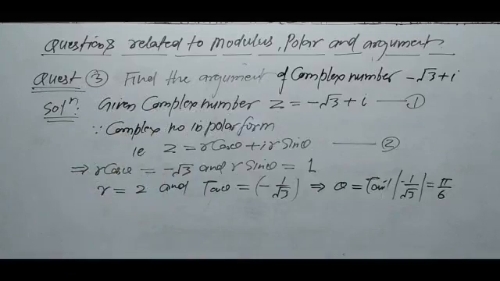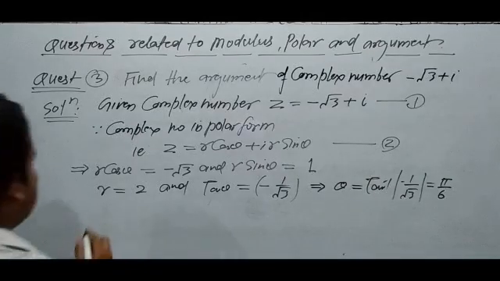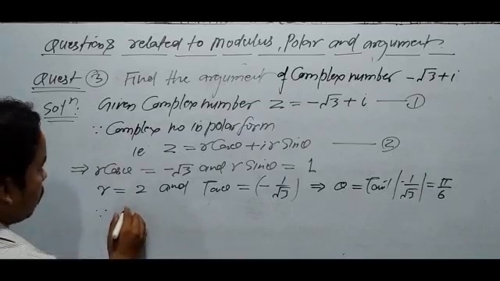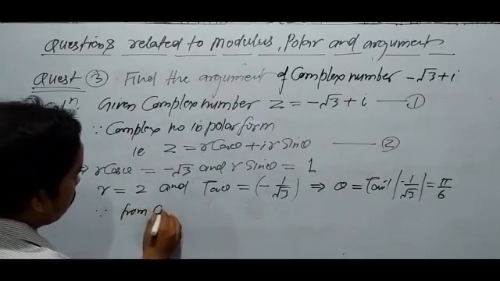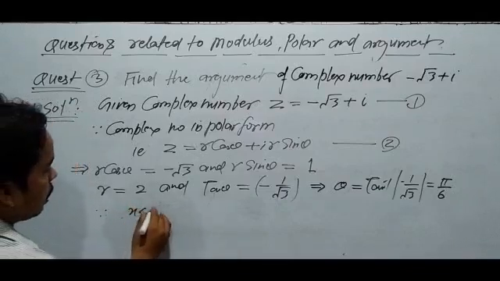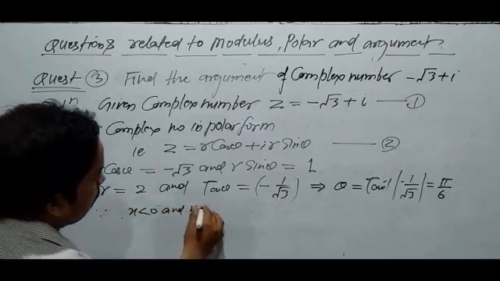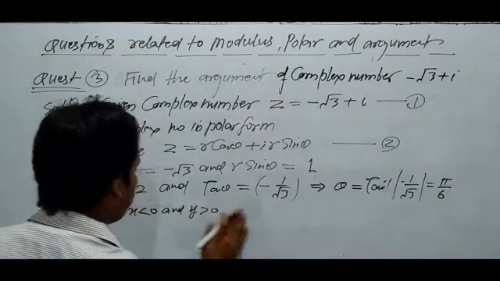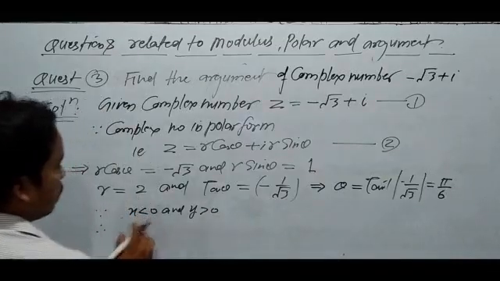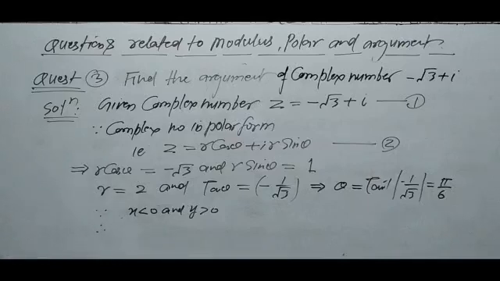Now you know theta, so what will be its argument? Since x is negative and y is positive, this lies in the second quadrant.